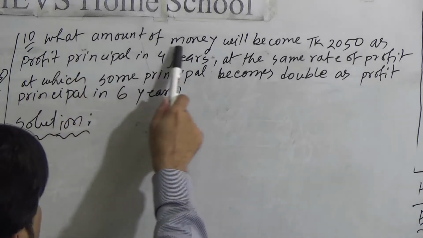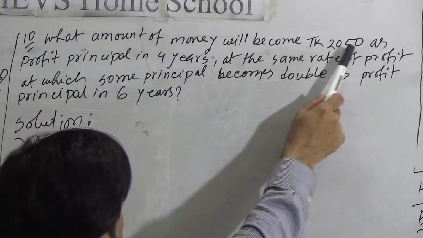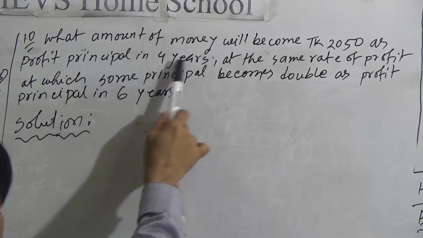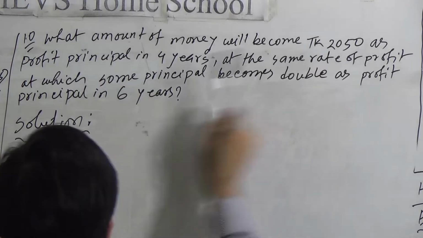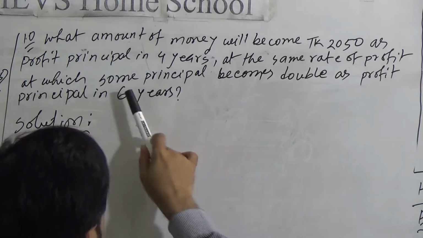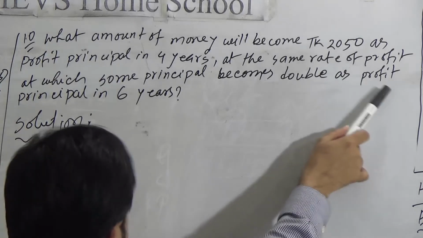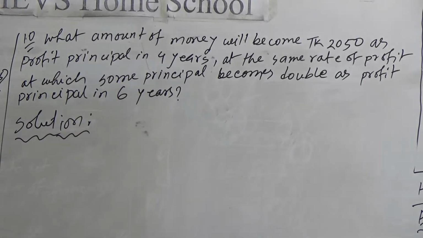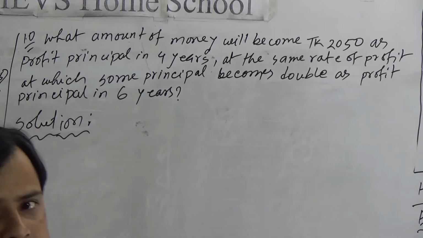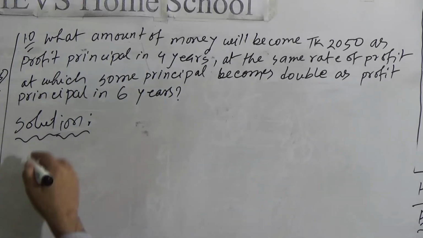What amount of money will become taka 2050 as profit principal in 4 years at the same rate of profit at which some principal becomes double as profit principal in 6 years. This question is similar to the previous one, just in the second case the principal is not given, we have to consider the principal.